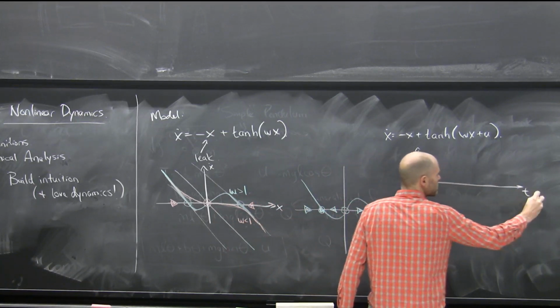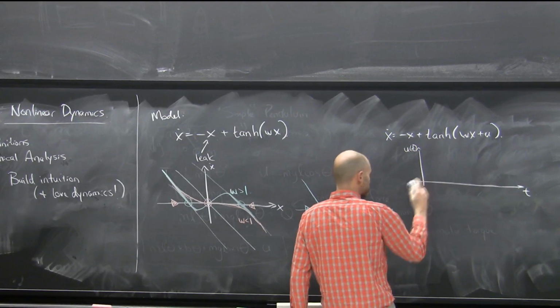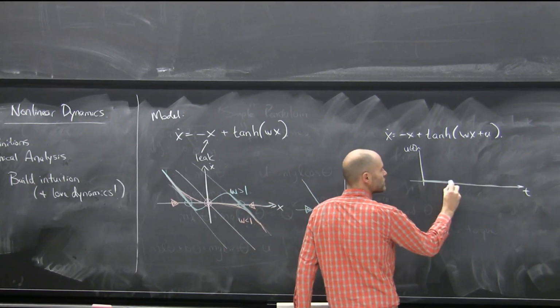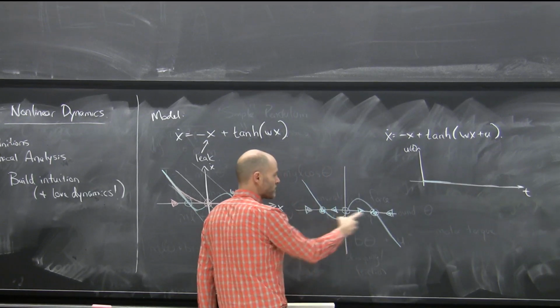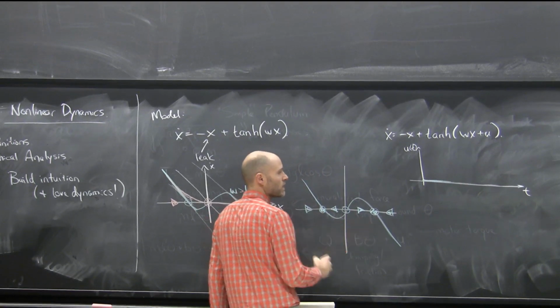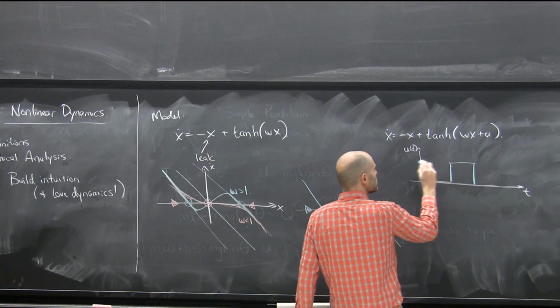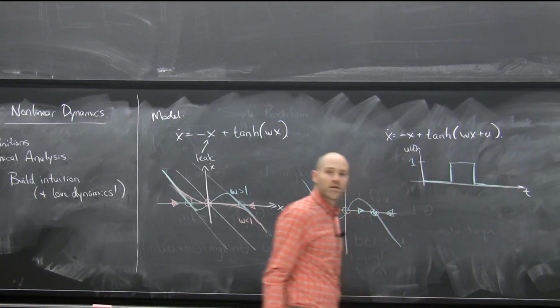Consider what happens if u is 0, which is the case we've already understood, so it's found itself in one of these 2 fixed points, let's say. And now I send a pulse for some amount of time, and then I zero it again.